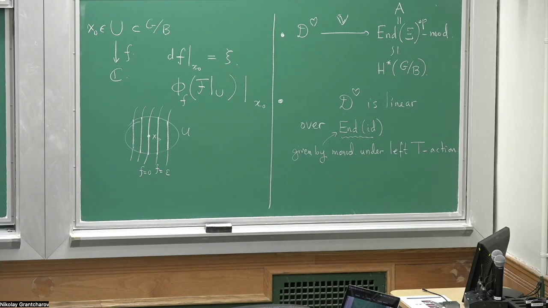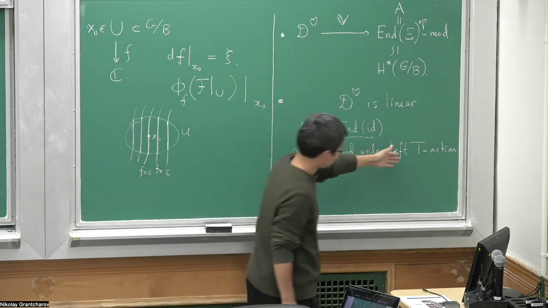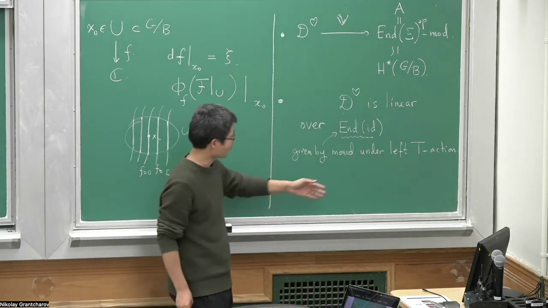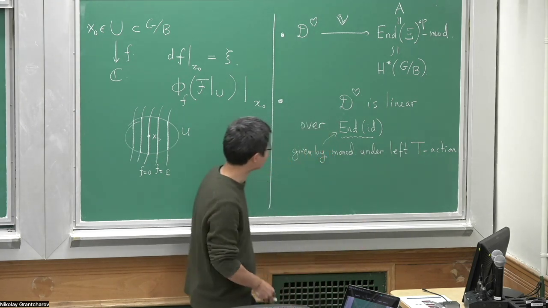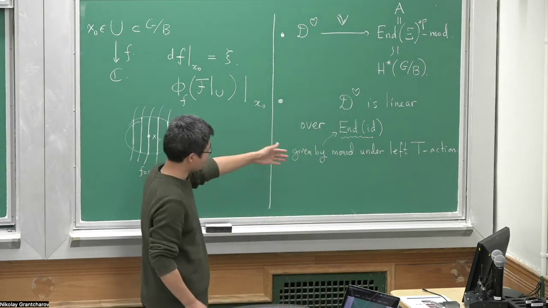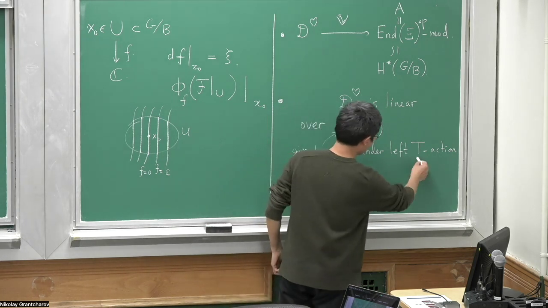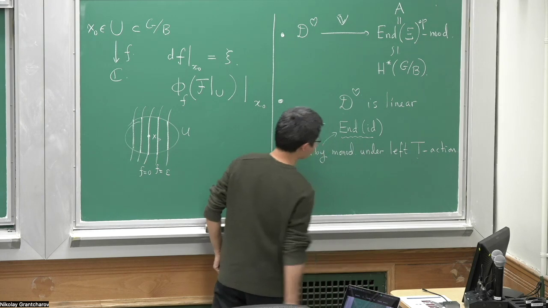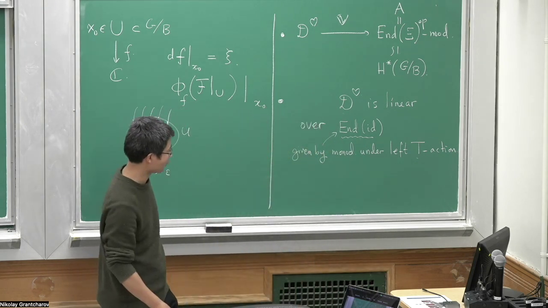Every Schubert cell is automatically stable under T. Every simple perverse sheaf is automatically T-equivariant, but not every perverse sheaf is T-equivariant. And there's a measurement of how far away a perverse sheaf is from being T-equivariant.